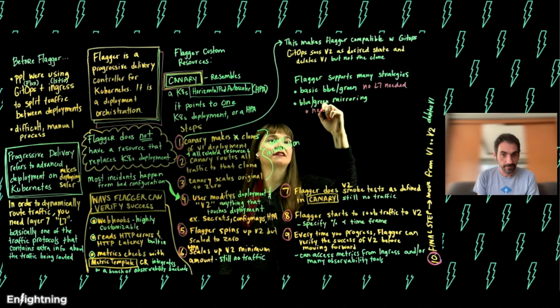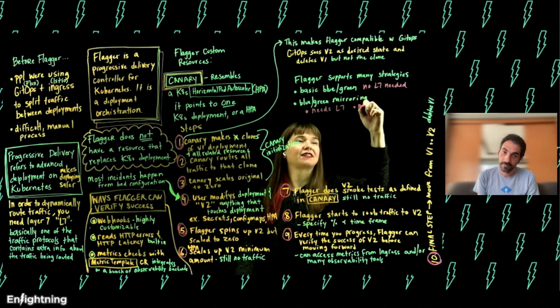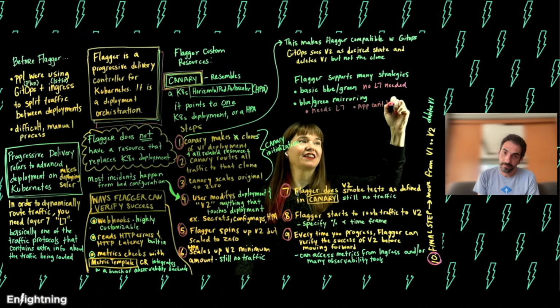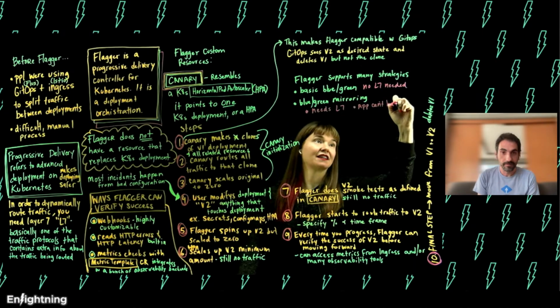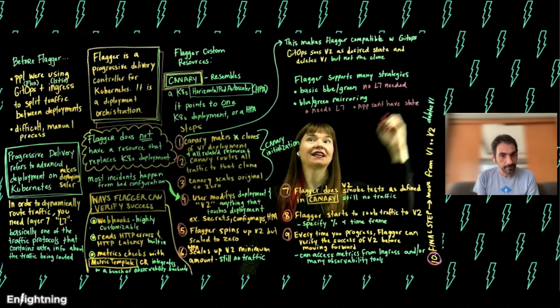Needs L7. App can't have state. And then is AB next? Yes. What is AB?